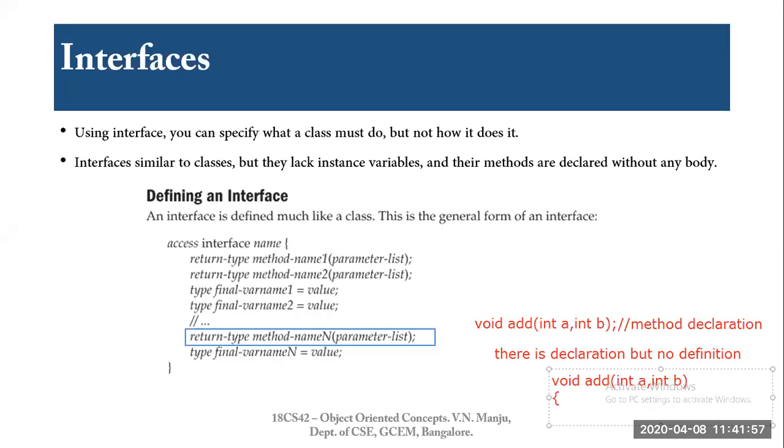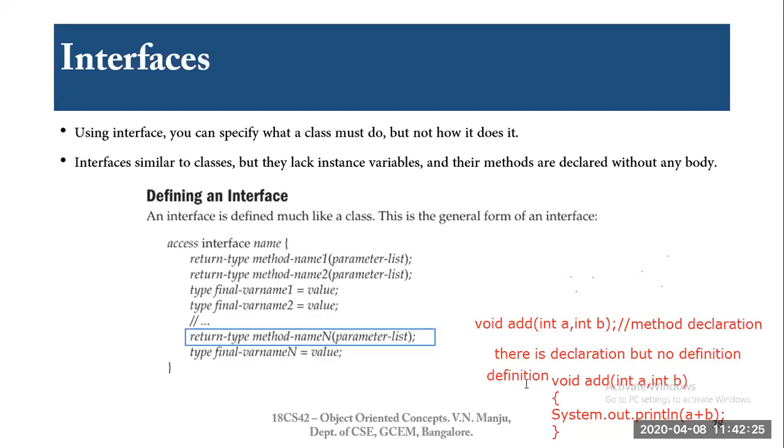I will write System.out.println of a plus b. This is what I call a method definition.